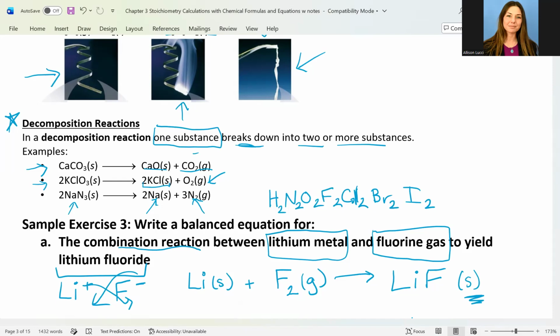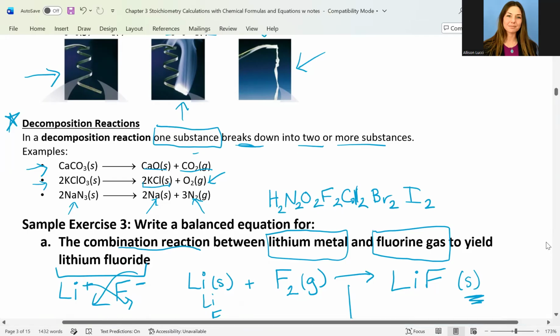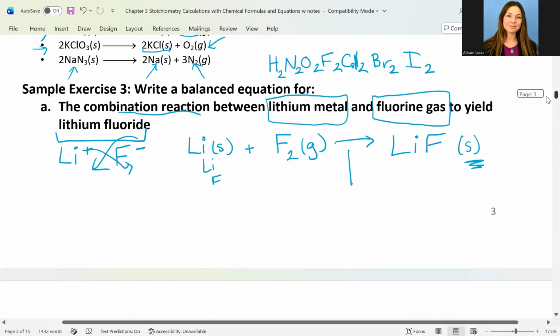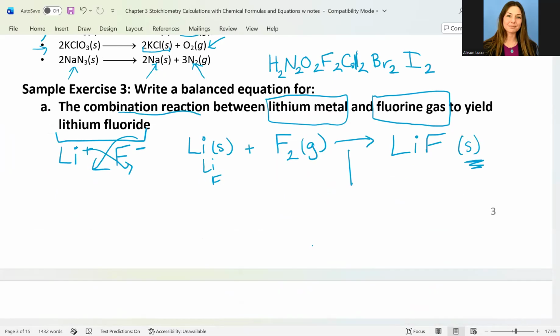But we see that we have an unbalanced reaction now. So we have one last step here where we need to set equal the number of lithium and fluorine on each side. So let me give us some more room here. And then we have lithium and fluorine on the other side, and we only have one of those. So we have 1 and 1, and here I have 1 and 2. So I know that I'm going to need a 2 over here.